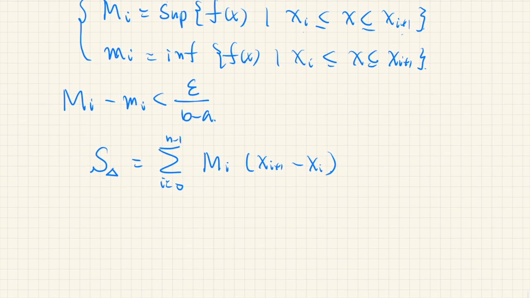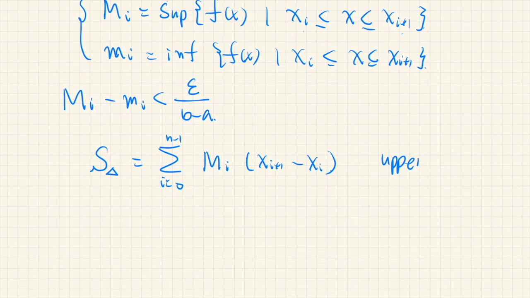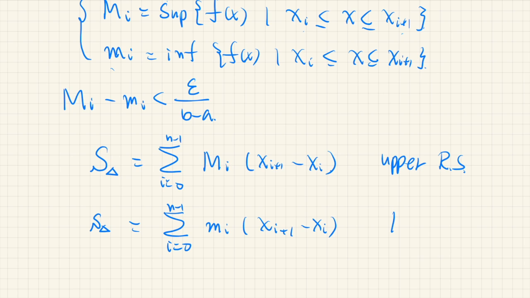So this is the upper Riemann sum. And lowercase s delta is the lower Riemann sum, defined by using this lowercase m and the length of the subinterval. So this is the lower Riemann sum.